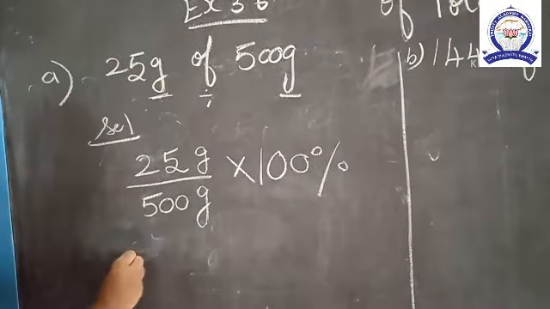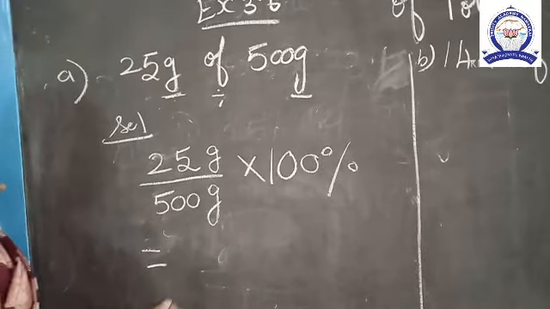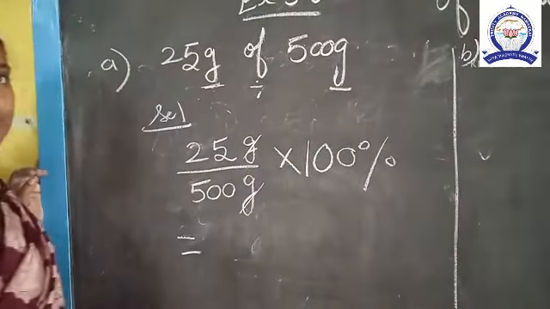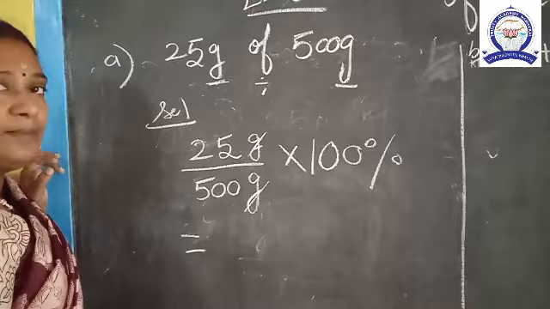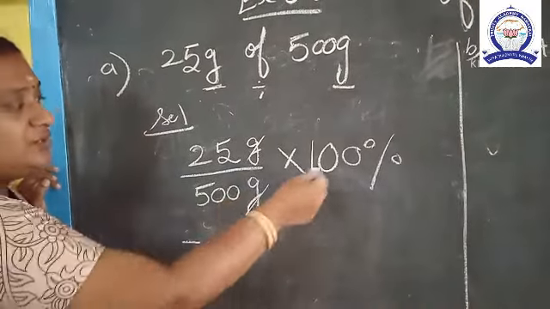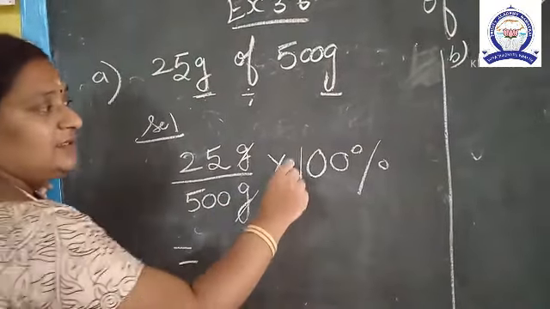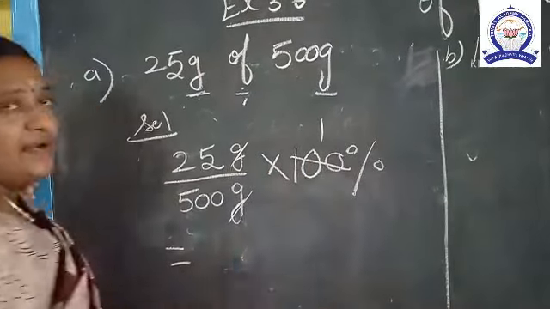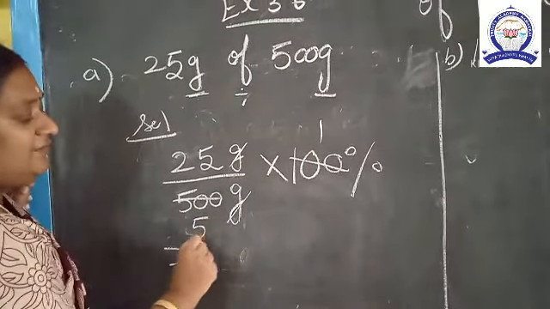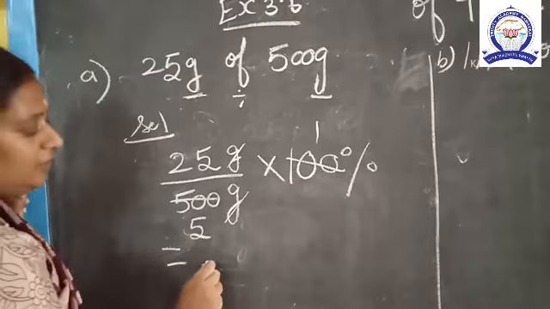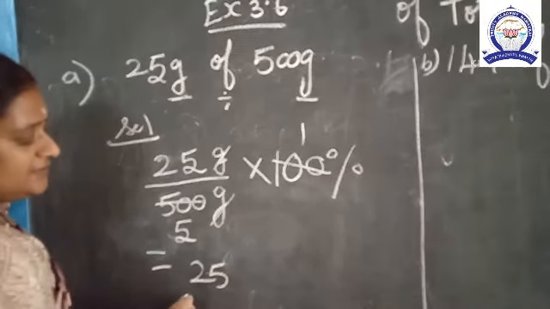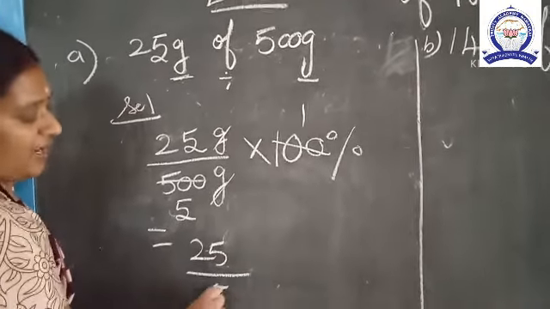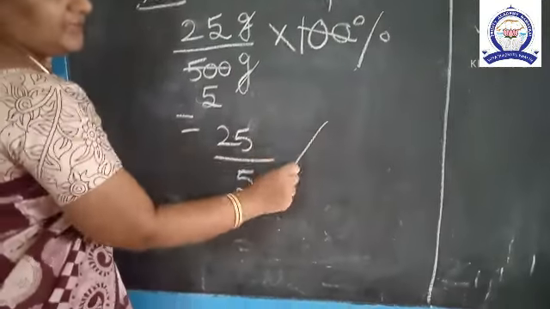Okay, that is equal to, listen, so gram cut ஆயிரும். Now using multiplication tables we are going to strike out. Listen carefully. 100 table, 100 ones are 100, 100 fives are 500. You write the digits. 25 by 5 percentage symbol அப்படியே இருக்கு.